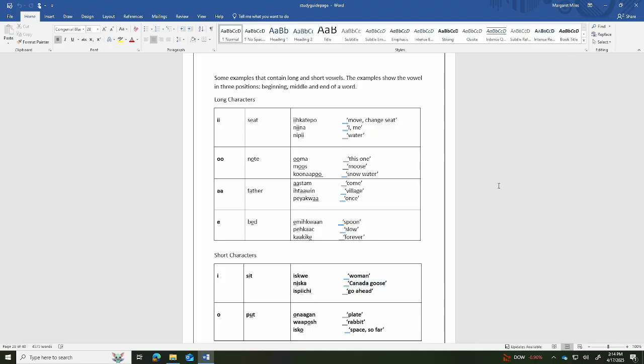The short character O in English sounds like put. Onagan, meaning plate.